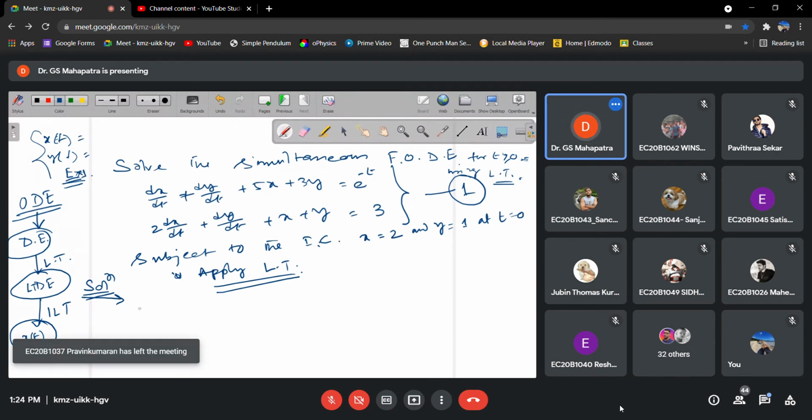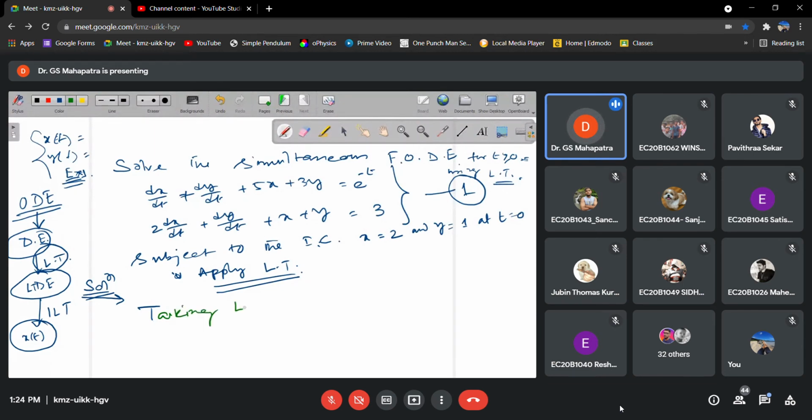Now, taking the Laplace transform of the first equation. Tell me the Laplace transform of dx by dt. It is s F of s minus f of 0.